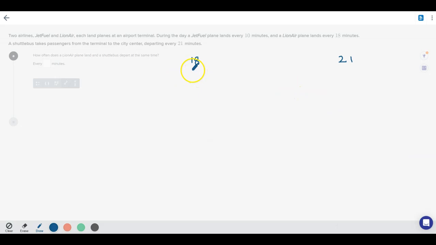So I'm going to first of all prime factor these two numbers. So 18 can be 2 and 9. Now 2 doesn't go any further, that's a prime number, but 9 is not. That can go down to 3 and 3. And they're both prime, so I can circle those. 21 can go to 7 and 3.